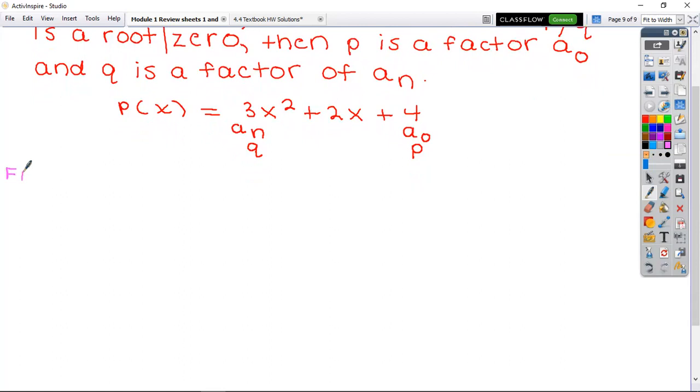So I'm going to say find all possible rational roots. So find all possible rational roots. Okay.